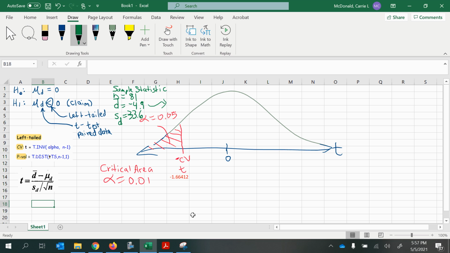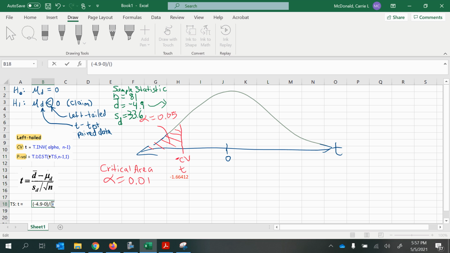Okay, so I'm going to take my test statistic, TS, which is a t-score in this example. I want the top to be separated from the bottom. I just feel like it's easier to make sure everything comes out right that way. Then I'm going to do d bar, which is negative 4.9, minus the population mean in the null hypothesis, which is 0.